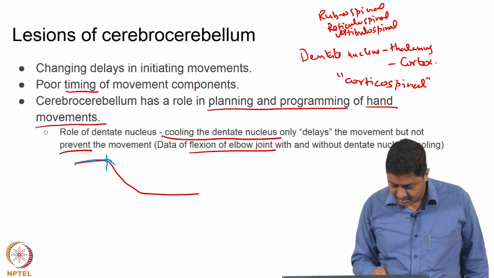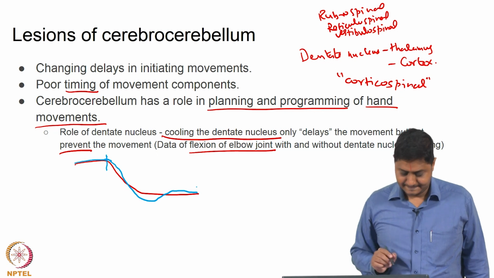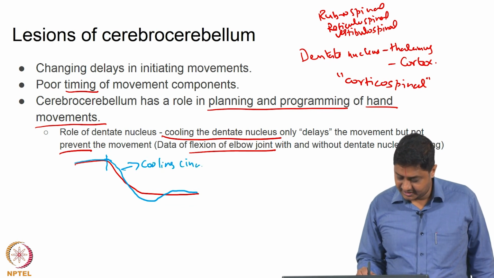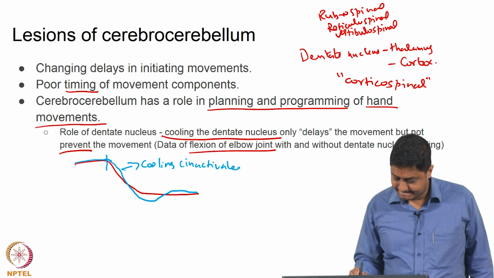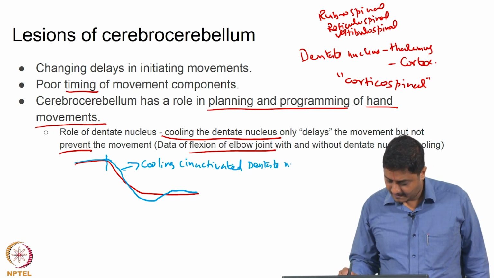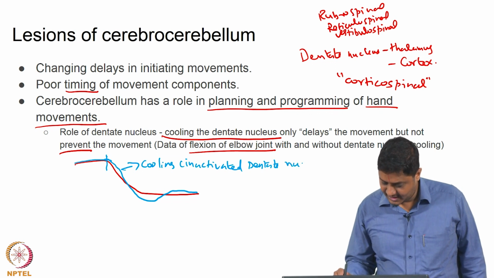Because of the delay, it starts around that point, it goes like this, and then there is an overshoot, and then there is a correction. This is when there is cooling or inactivated dentate nucleus.